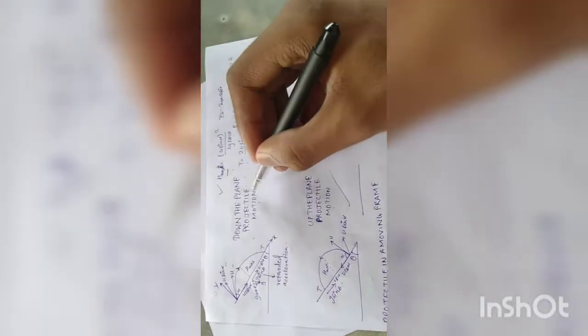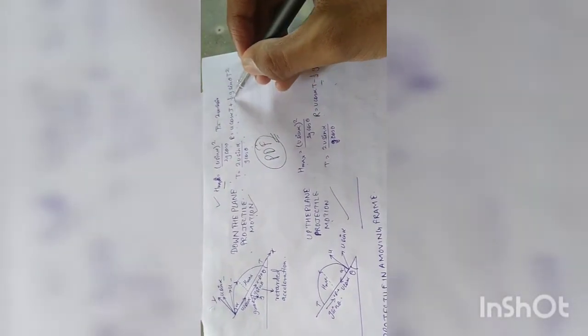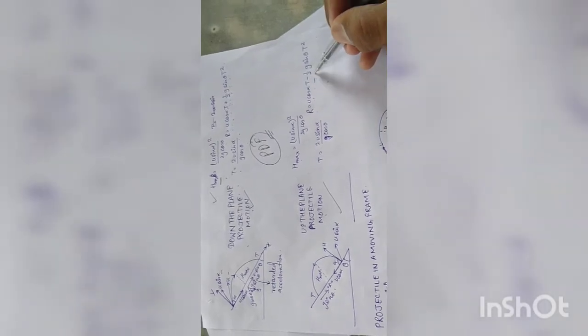In the down the plane we have u cos alpha t plus half g sine theta t square, and here we have u cos alpha t minus half g sine theta t square. Why do we have plus and minus? Let me tell you one thing.